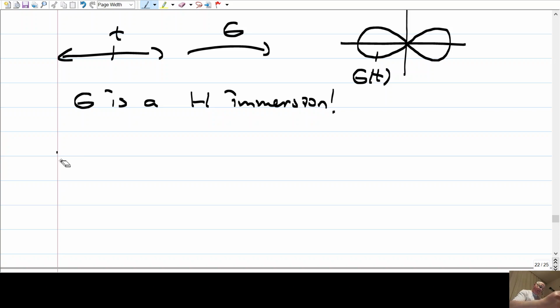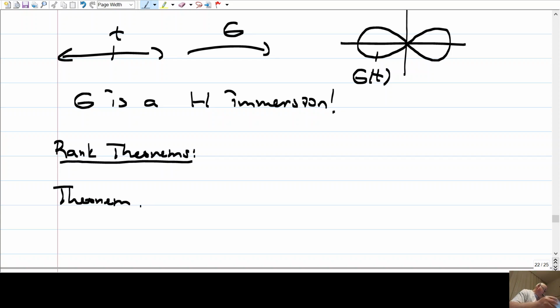All right, let's start with so-called rank theorems. The first one is about immersions. All right, here is the statement.